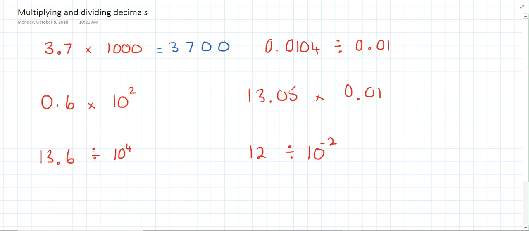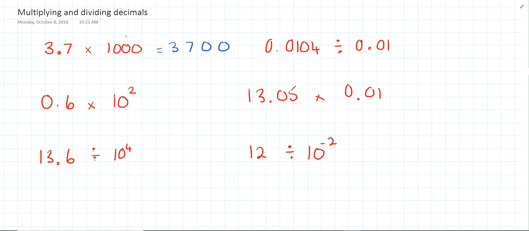3,700. Now, just to explain it, just in case, right? 1,000 is a power of 10. Because we work in what's called base 10, I've told you that before, haven't I? Remember we did work at the beginning of the year on base 10, base 4, things like that.